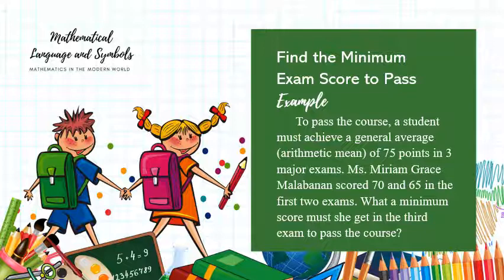Let's estimate: 70 lacks 5, 65 lacks 10, so what should her score in the final be? 15 is lacking. She should score 75 plus 15, which is 90. Is our estimate correct? Okay? So we do the estimate, and we need that prediction so that we can check or evaluate our solution if it is really correct.